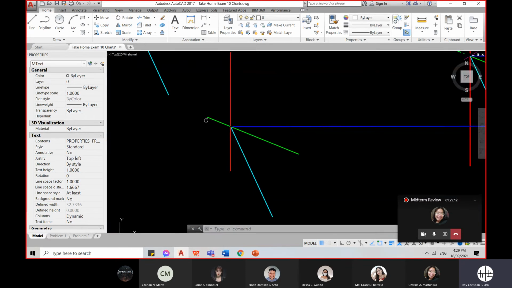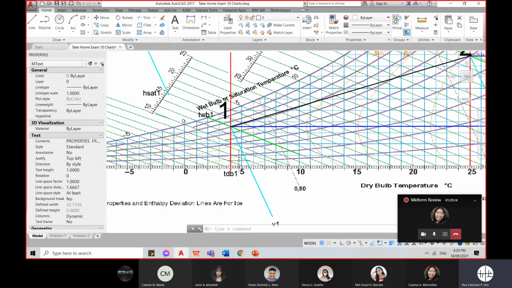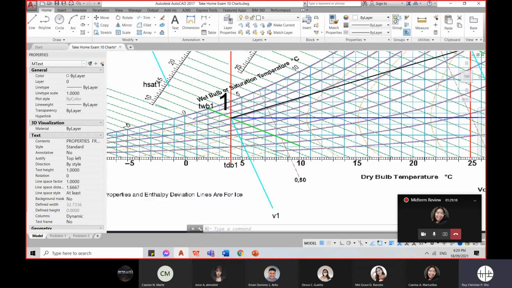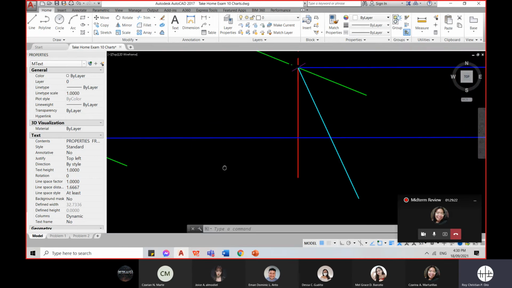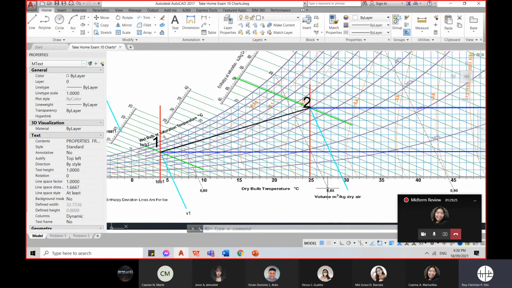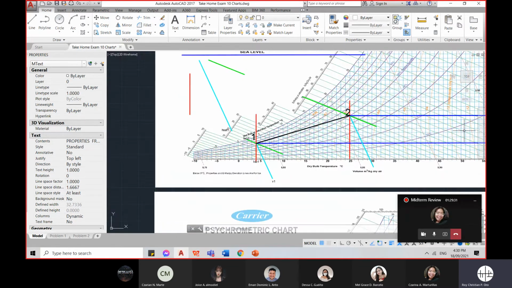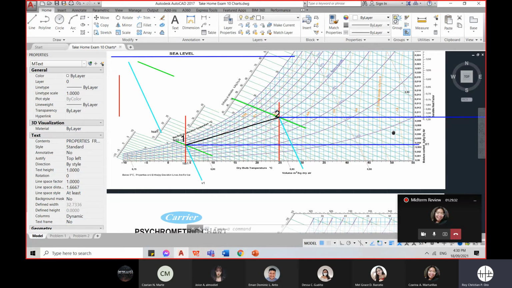Let's try getting everything except the specific volume first, since I just estimated that. This one is close to 0.8, so 0.79 something like that. This one is close to 0.85, so I just added 0.01, so 0.86. Then let's get the specific humidity.